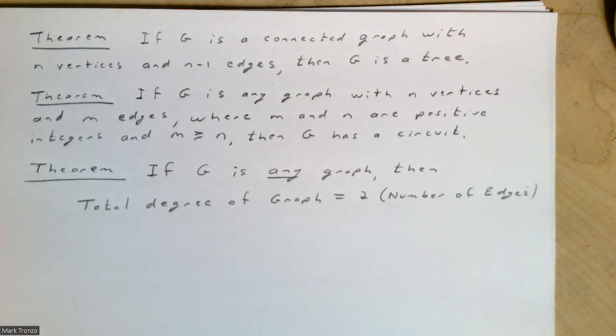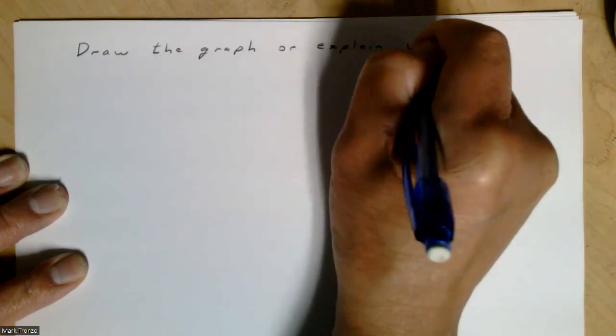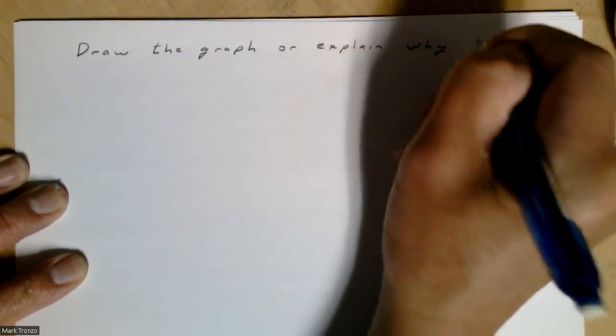So what I think I'm going to do is write down several questions, and then I'll go through the answers. So for these, draw the graph, or explain why it does not exist.